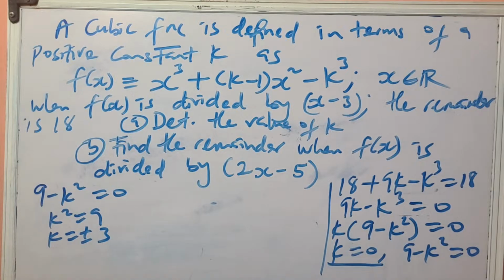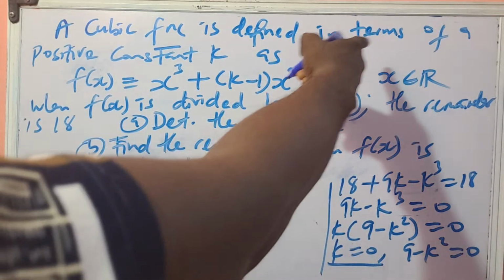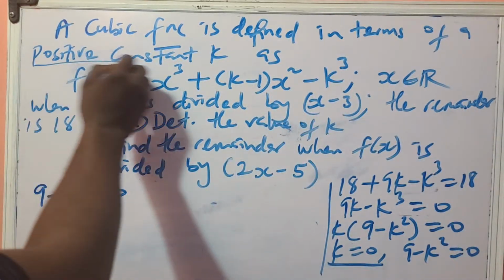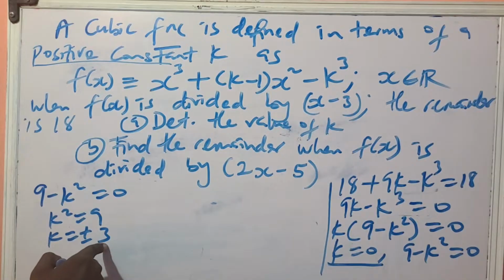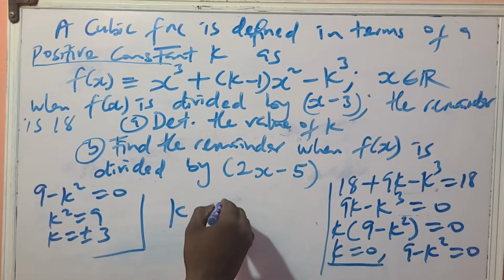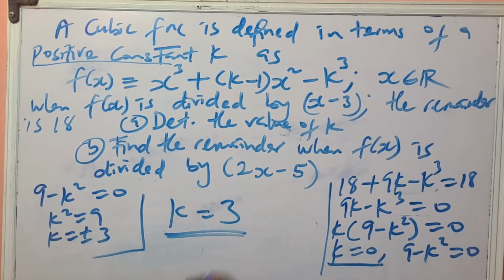Now, we already know that because of this term that was written there, a positive constant, this means minus 3 will never be part of our answer. So the final answer will be k equals 3. All right. That is the very first question, number A.